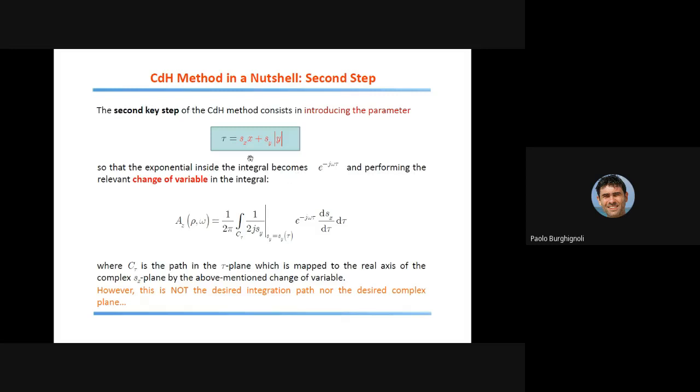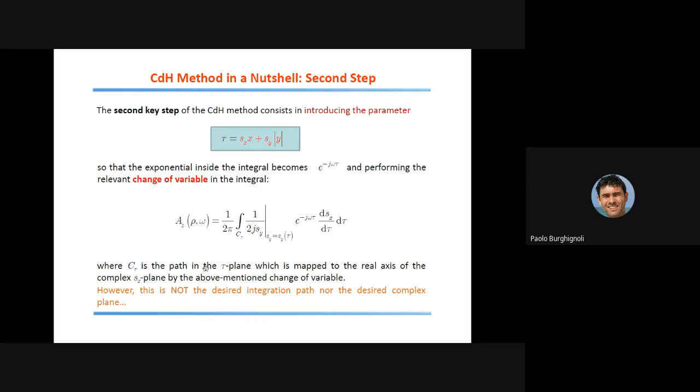We go from Sx to tau, and this again requires us to introduce this derivative in order to change the differential, okay? So we now evaluate this integral in the complex plane of tau along a certain path C tau, which is characterized by the fact that its image in the Sx plane is the real axis, okay?